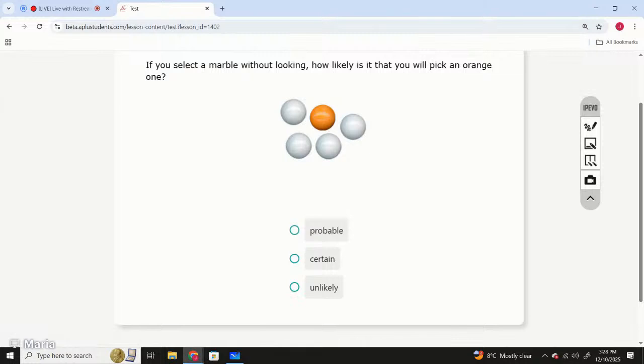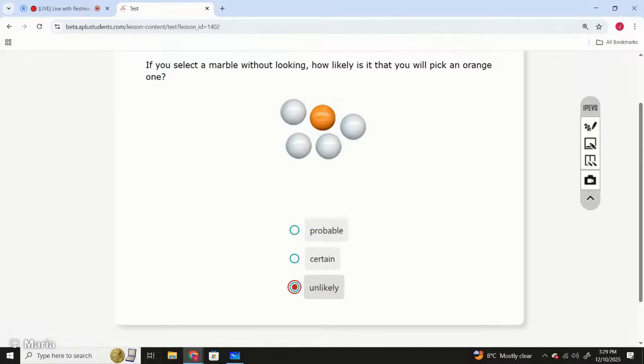If you select a marble without looking, how likely is it that you will pick an orange one? So we have four marbles that are white and only one of them is orange, right? So it is unlikely to select the orange one.